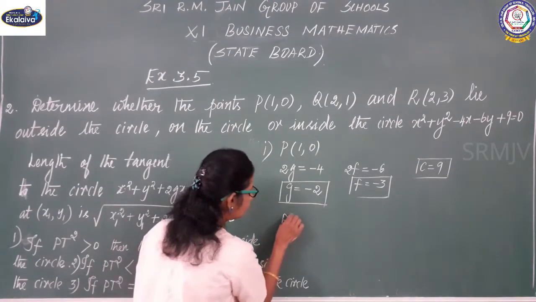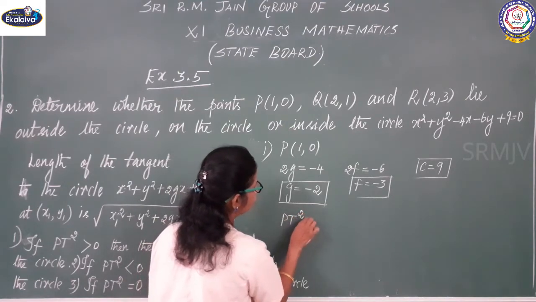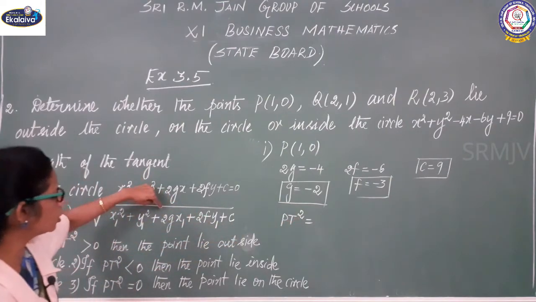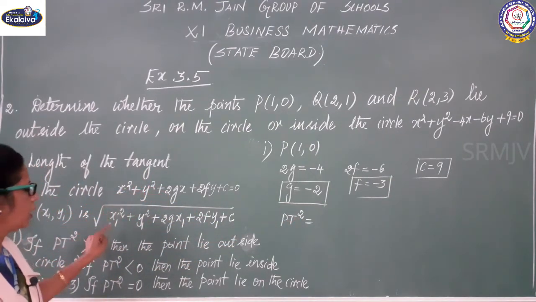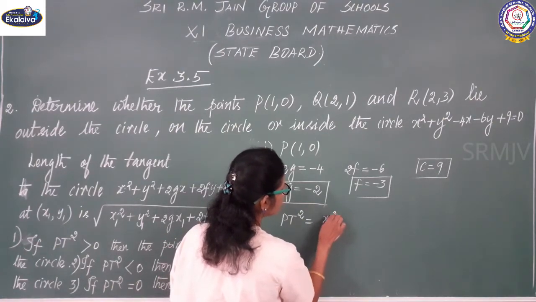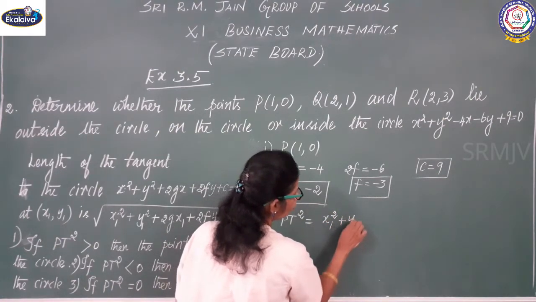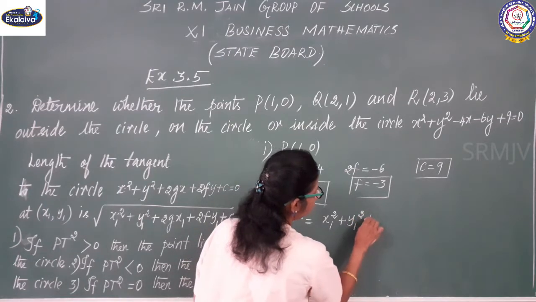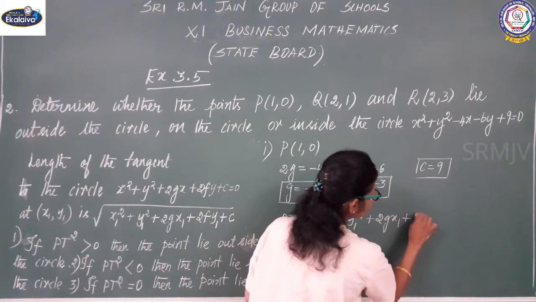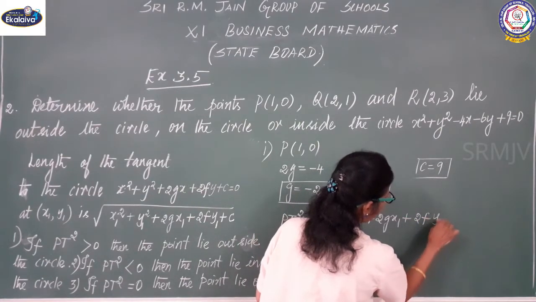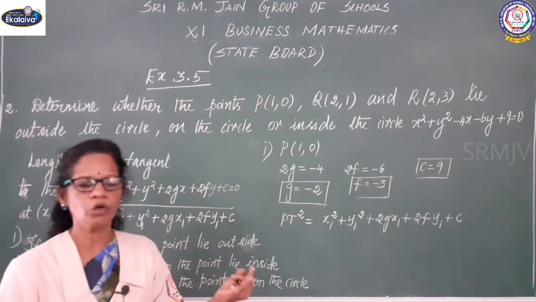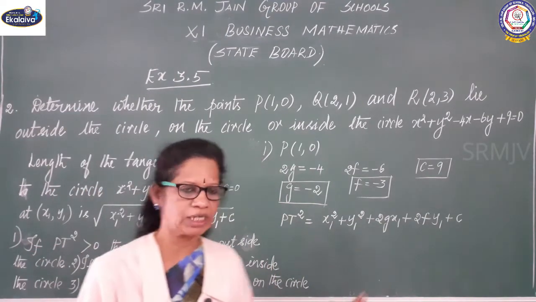Now PT square equal to, here I use square, so you remove the square root, that is the meaning, right. PT square equal to x1 square plus y1 square plus 2gx1 plus 2fy1 plus c.